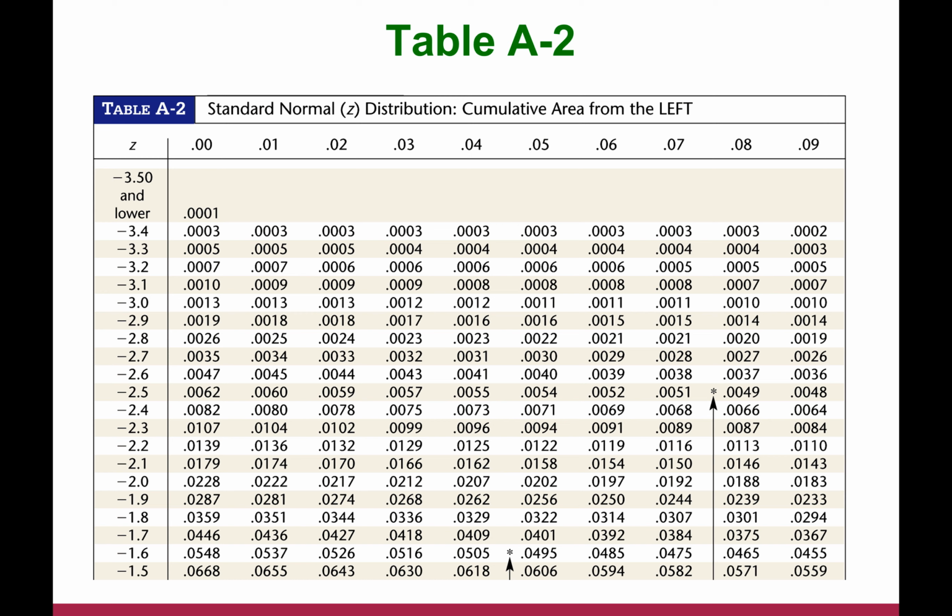This is what table A2 looks like. In table A2, you use a z-score here. This represents the z-score. The z-score we run to 2 decimal places.